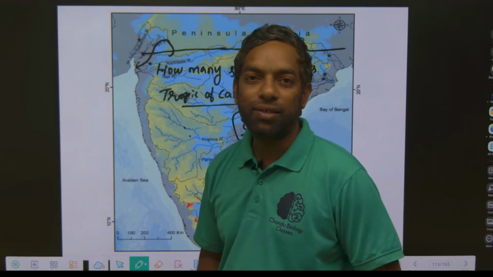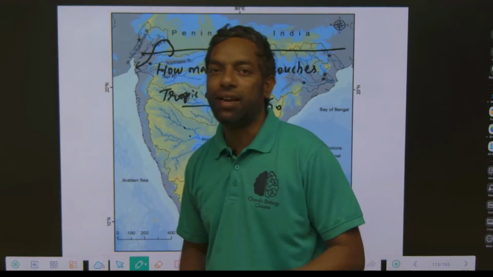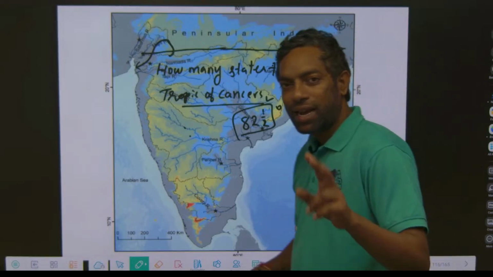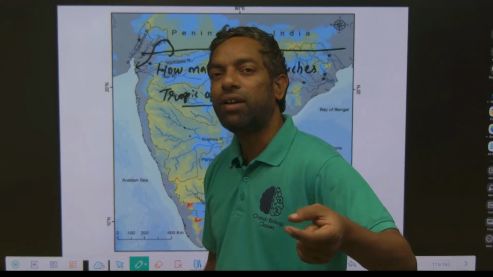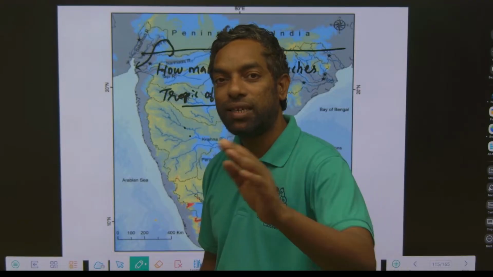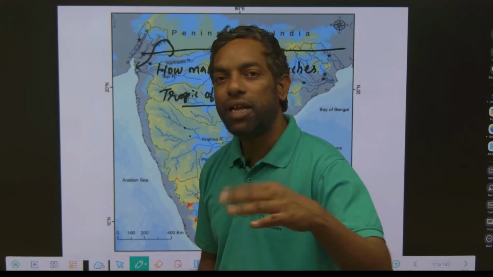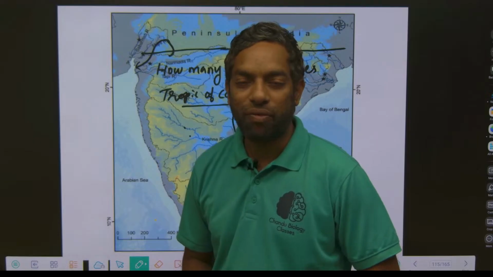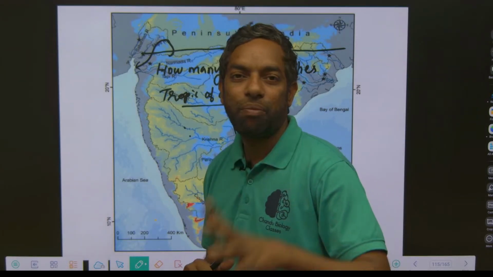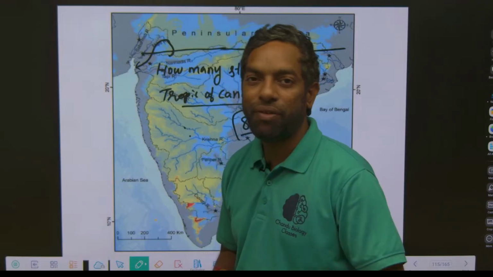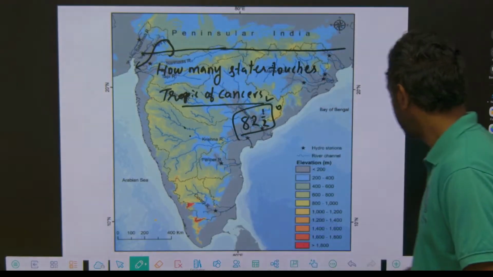Twice it crosses the Tropic of Cancer, that is the Mahi river. They can ask you which river crosses once and which river crosses twice. How many rivers cross the Tropic of Cancer twice? This is the Mahi river, only one river. This is the PYQ, guys.